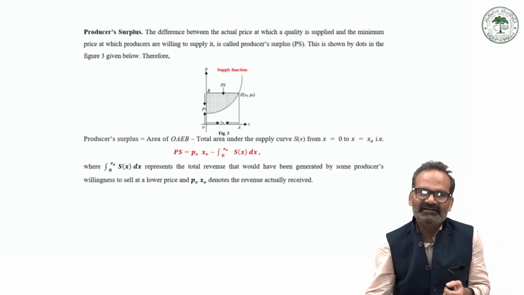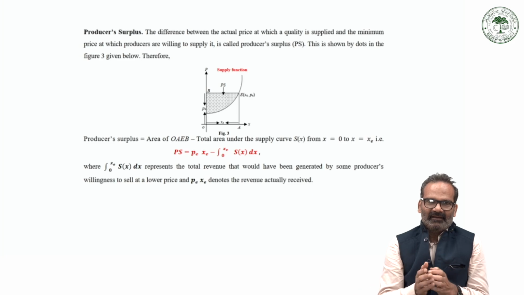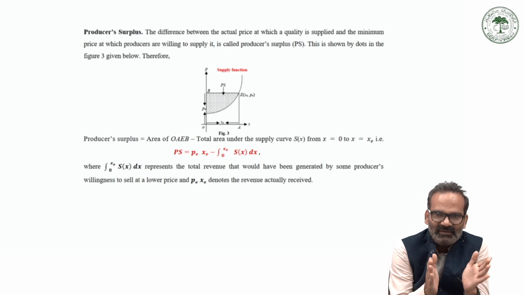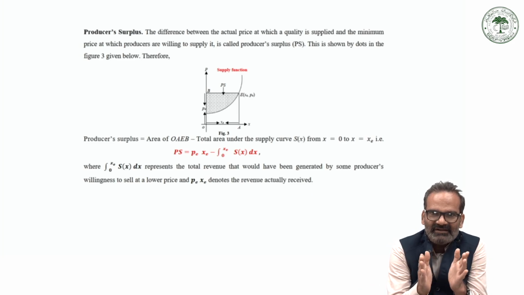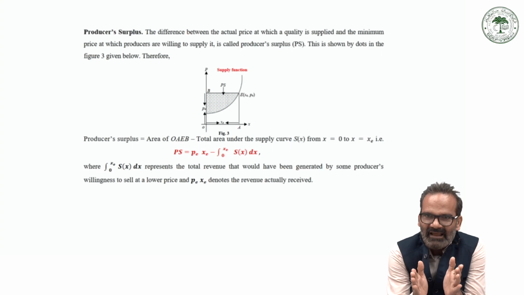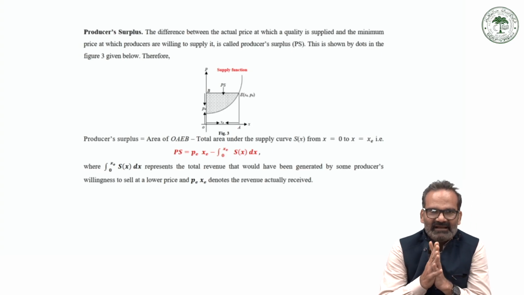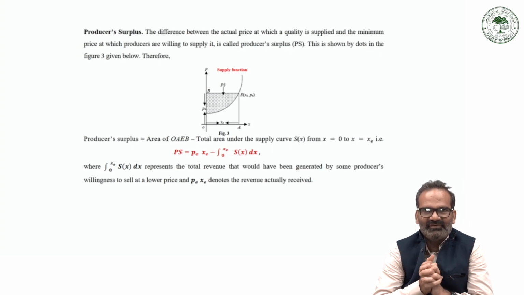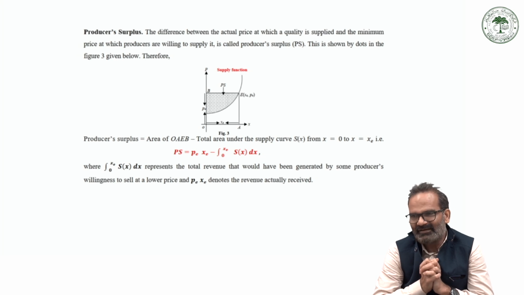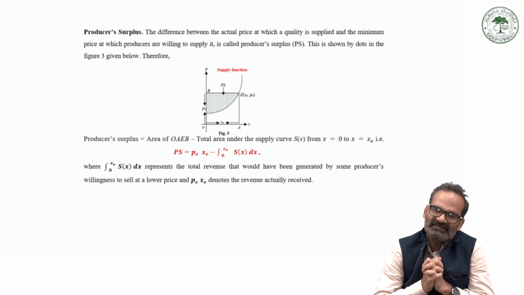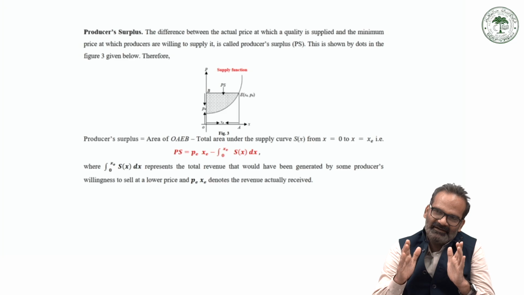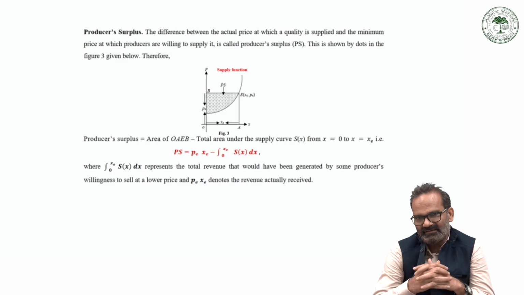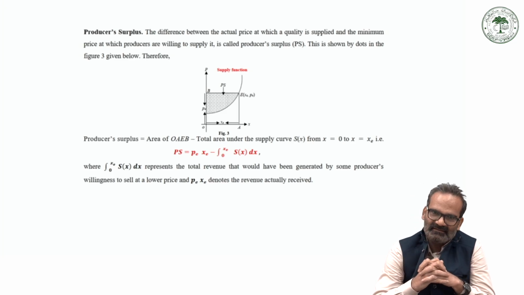So what does it mean actually? The difference between the actual price at which a quantity is supplied and the minimum price at which the producer is willing to supply it. For example, a producer is ready to sell his product for 10 rupees.